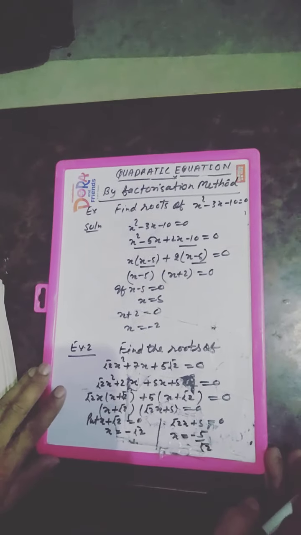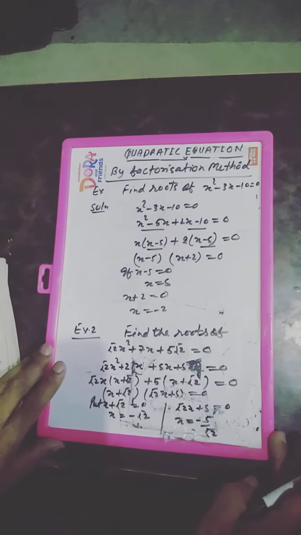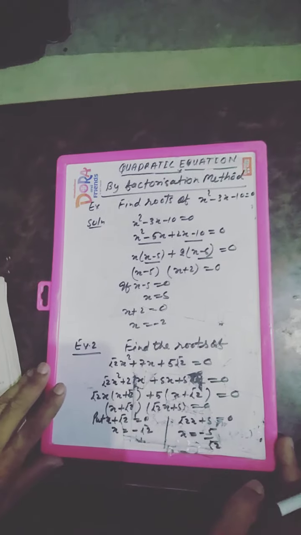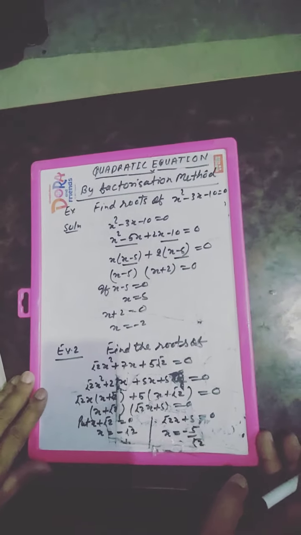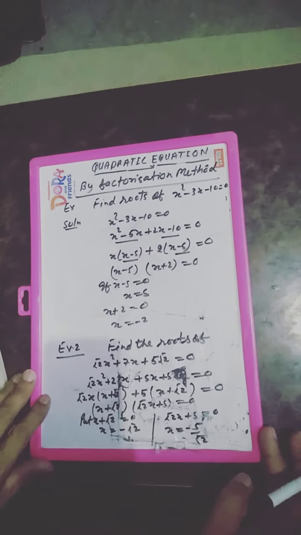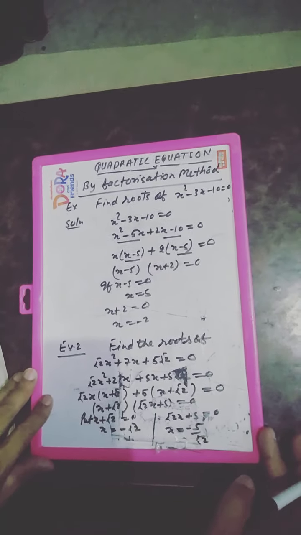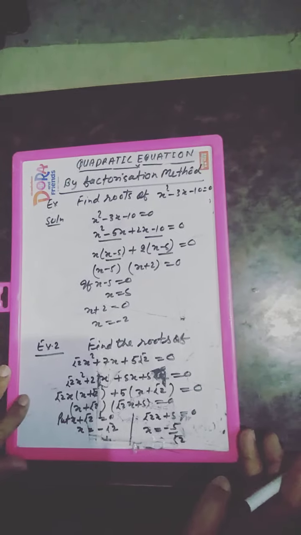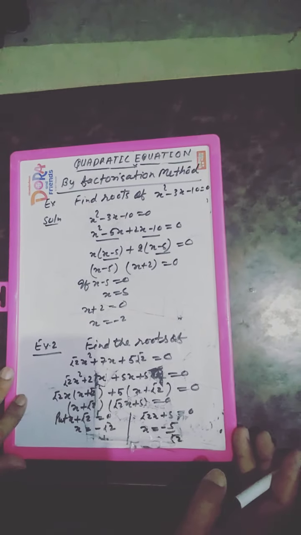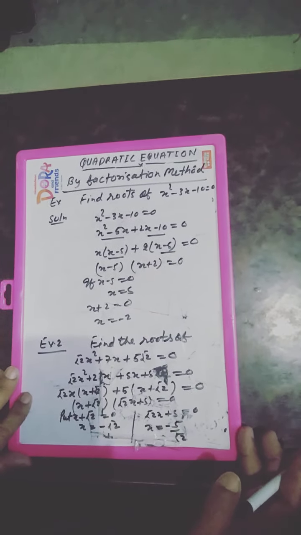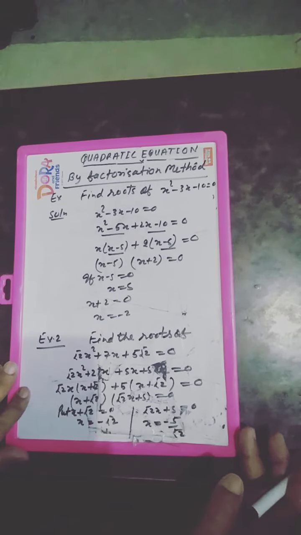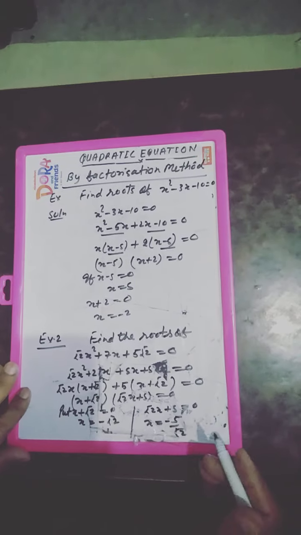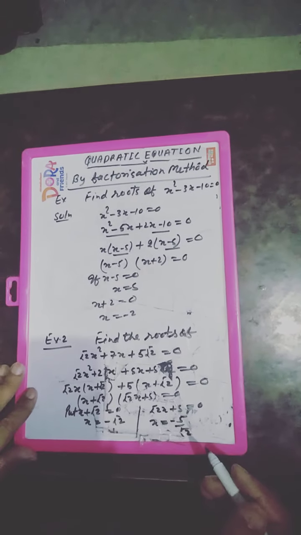So this is the second root of the given quadratic equation. In this way you can solve different kinds of quadratic equations by using the middle term factorization method, and the second thing is to find out the roots of a given quadratic equation by using the quadratic formula.